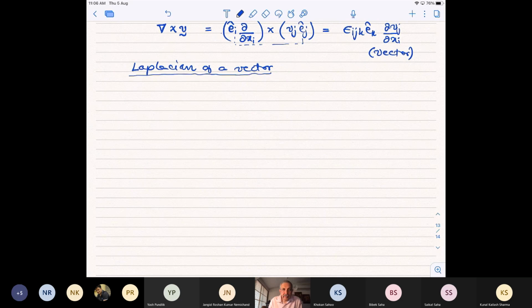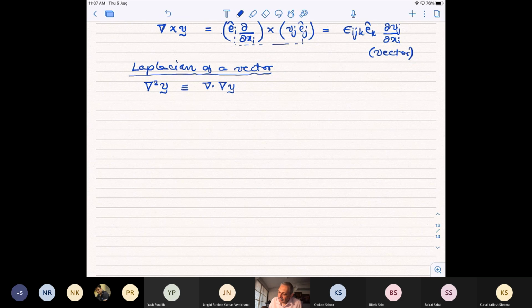This Laplacian is denoted as del squared, so it's del squared of V, where V is a vector. And really what this del squared means is a divergence of the gradient of the vector. This is what del squared is.